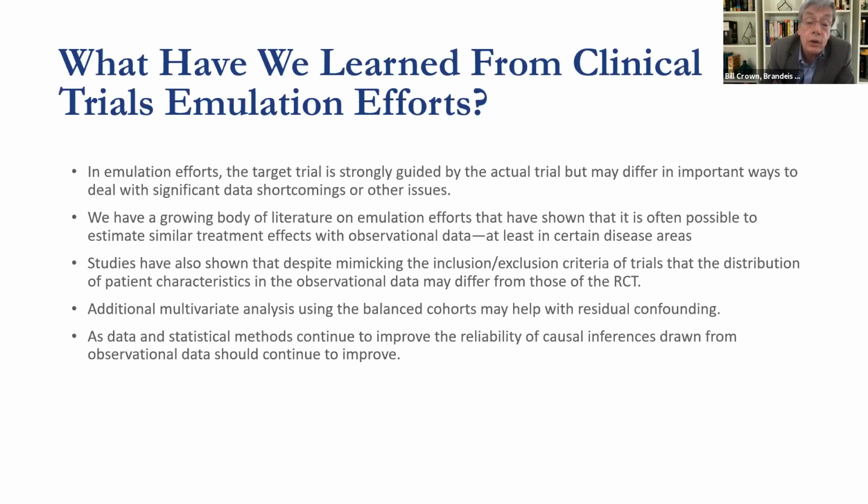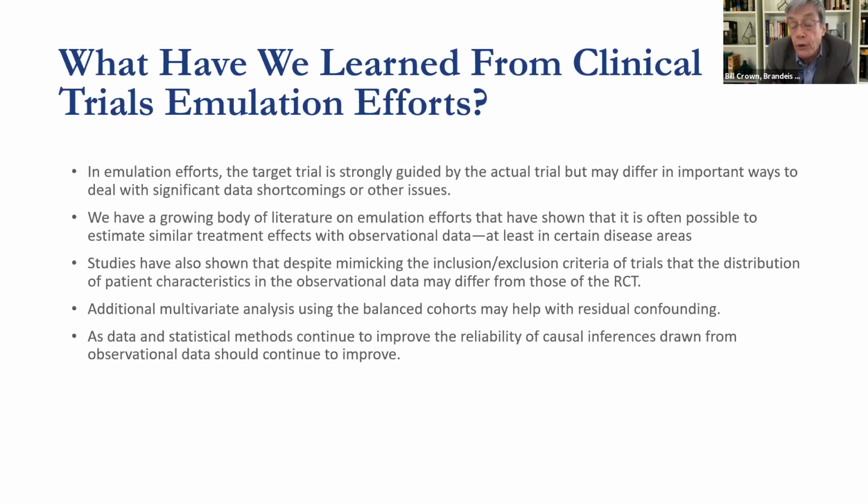I think we often find in these emulations that the sample characteristics of our observational data look somewhat or sometimes quite different from those in the randomized trials. That's worrisome, but not necessarily fatal. We of course need to go through these exercises of attempting to balance the cohorts as best we can for anything that we can observe in the data.